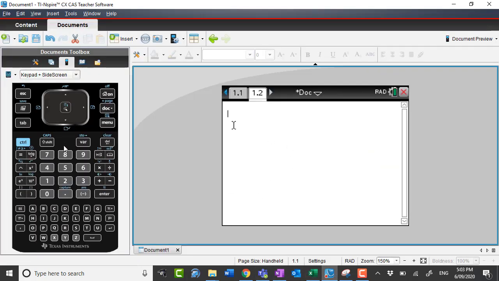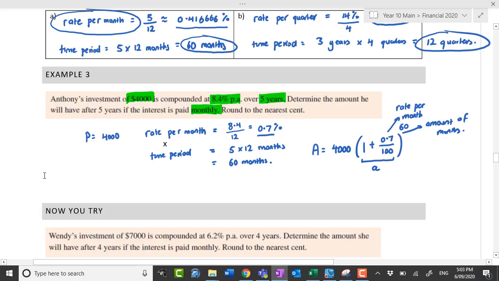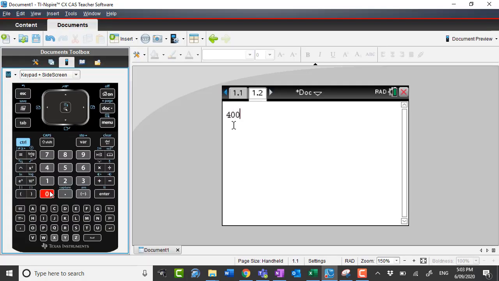All right, now, first of all, the amount is 4,000. That's how much is invested. If I want to use this calculator, I don't have to do that. I can actually use this 1 plus, and what we want is to bust up that 8.4%. As you can see, I've done control divide for a fraction. If I do control divide again, it's going to be a fraction on the fraction.